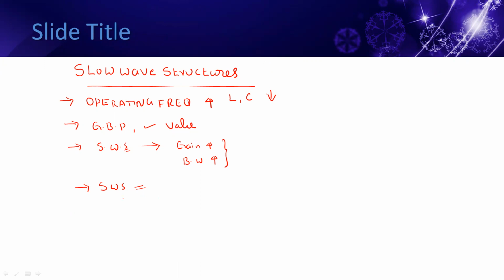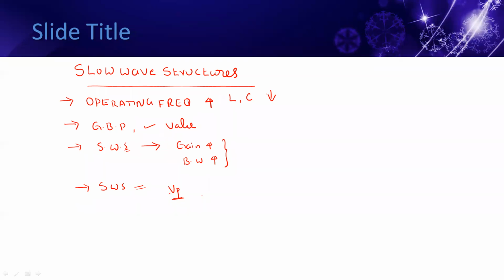Phase velocity is one of the keywords. The phase velocity of a particular wave in an ordinary waveguide is greater than the velocity of light in vacuum.